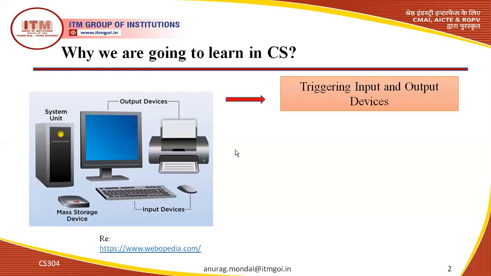Now, when this output device or input device operates, we have to provide a trigger signal to initiate it. You program that whenever you click the mouse, some file will open.